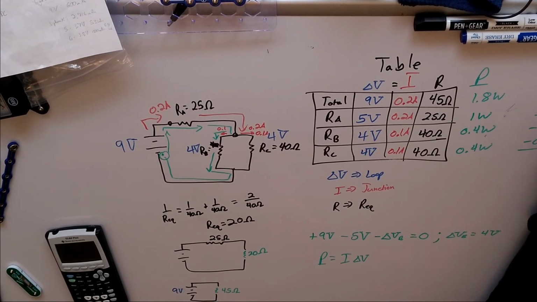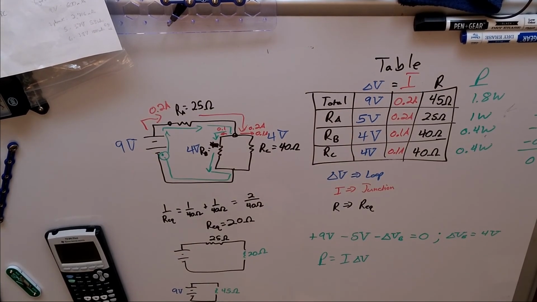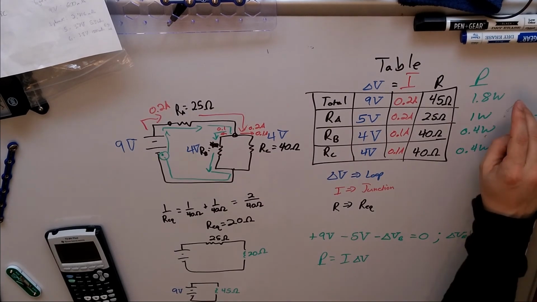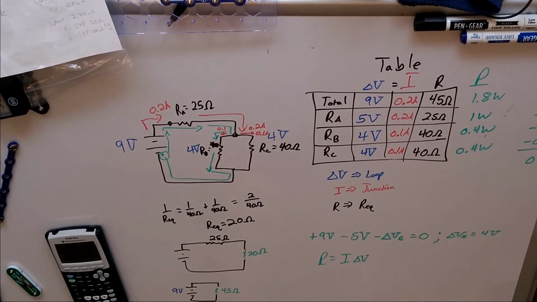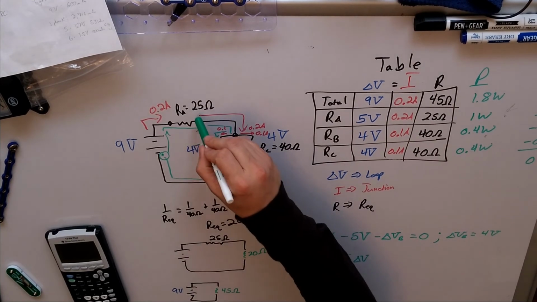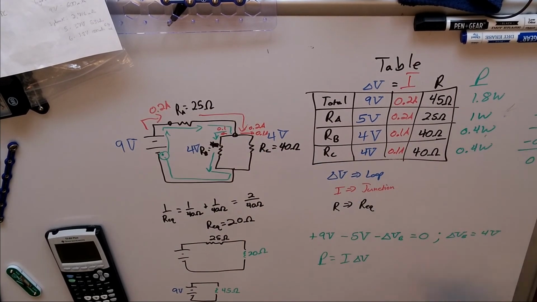When we add all of these up, we see that they come up to 0. The total energy that is being put out by the battery that we keep track of in the power. Every second, this battery would release 1.8 joules, and each of the resistors takes up some of that.